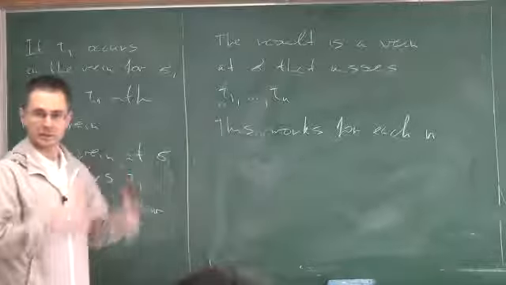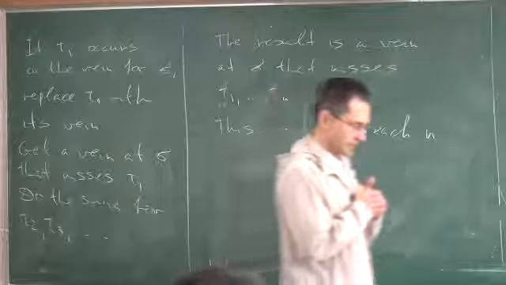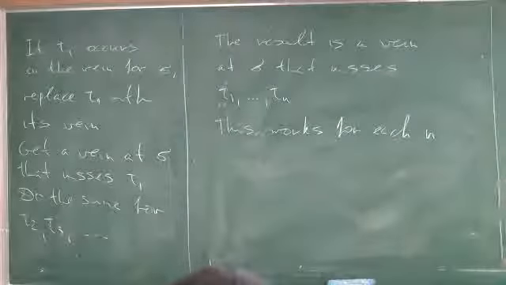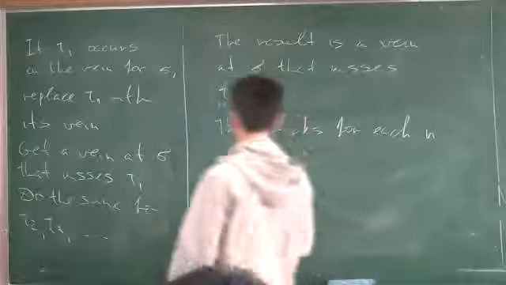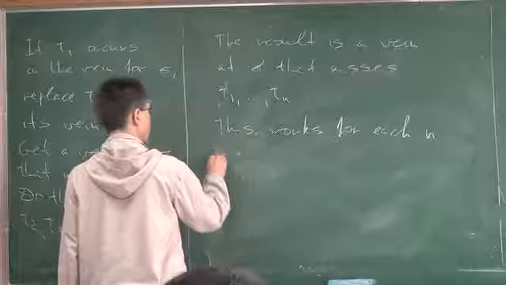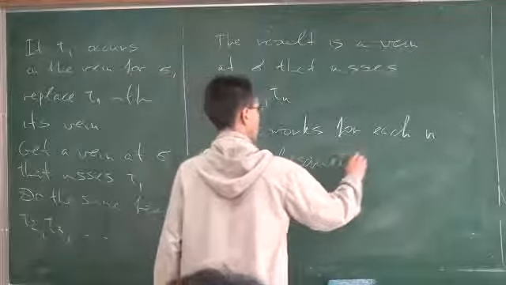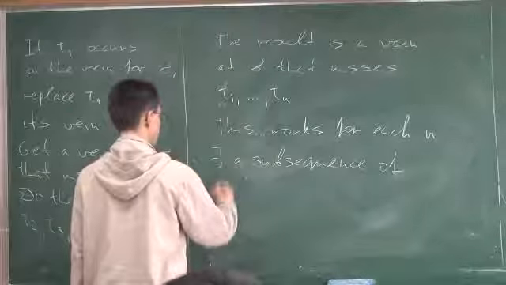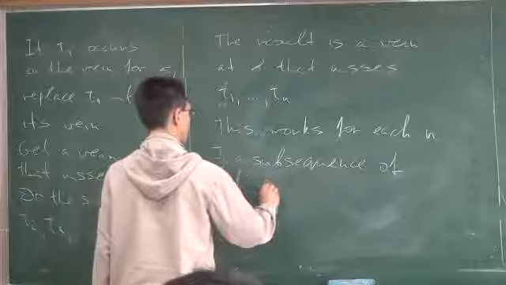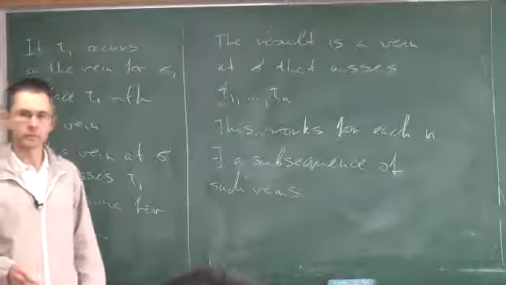And now we take a limit, right? What does it mean? It means that you can choose a subsequence. The fact is that this graph is locally finite. It's possible to choose a subsequence of such veins that pointwise converges to some vein.